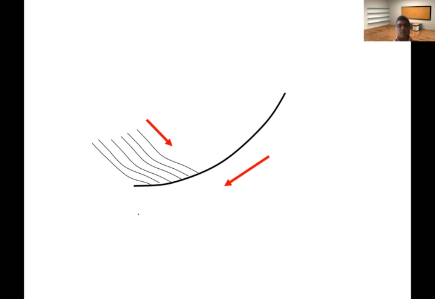Then the pelvic diaphragm. In summary, the fibers of the pelvic muscles have an origin in front and insertion at the back. So the direction of the muscle fibers is in a posterior inferior direction, like this arrow here.